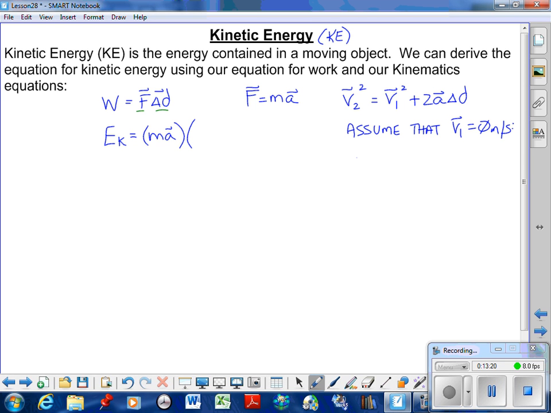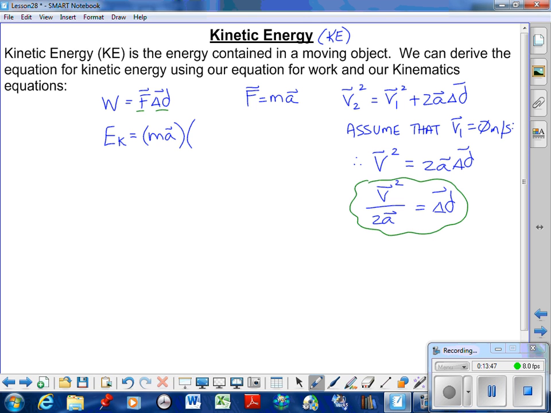Okay, so that would mean, therefore, our formula is now reduced down to, since there's only one velocity, I don't need the subscript anymore, v squared equals 2a delta D. All right, so solving for delta D, it would just be v squared over 2a.